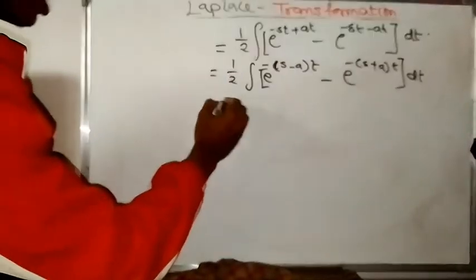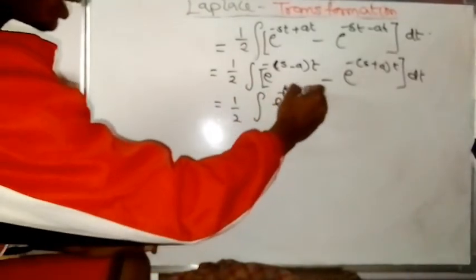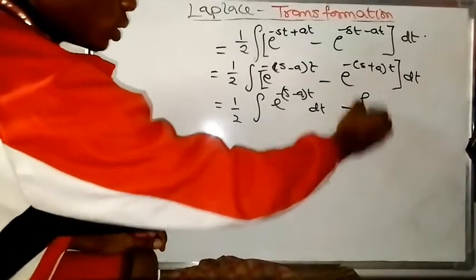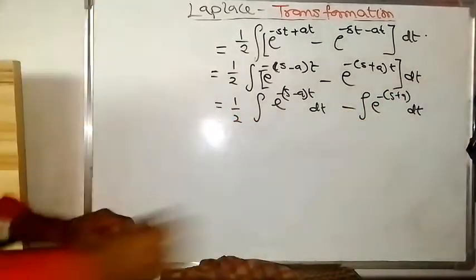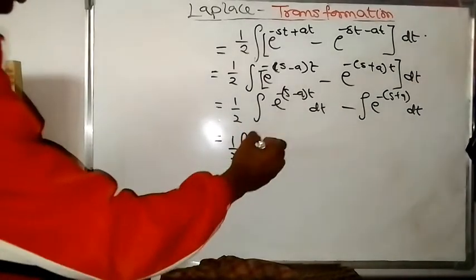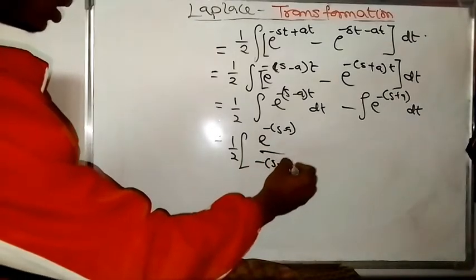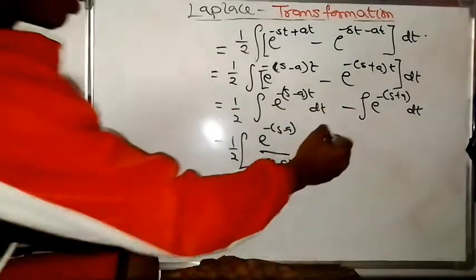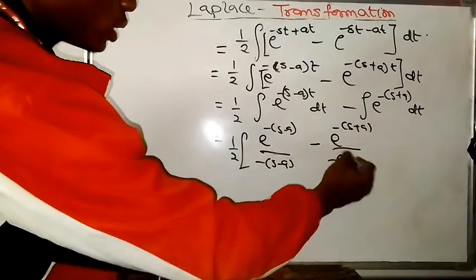So now we can integrate this. Integrating this, we have 1 over 2 integral exponential minus open bracket s minus a with respect to t, dt, right? Minus integral exponential minus open bracket s plus a dt. So integrating this one, we have 1 over 2 exponential minus s minus a divided by s minus a, right? Minus, integrating this one also, we have exponential minus s plus a divided by minus s plus a.